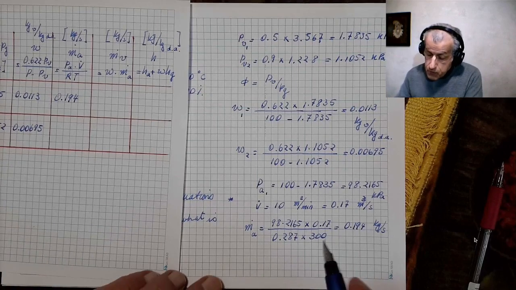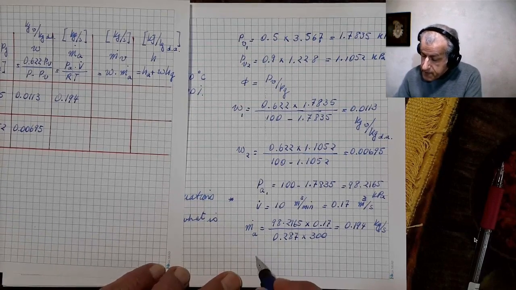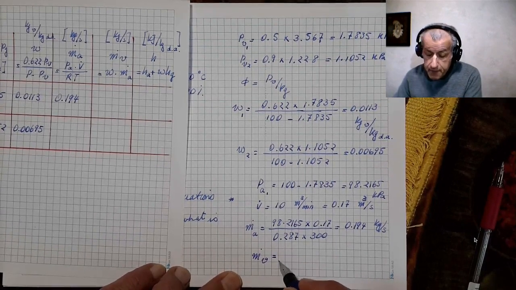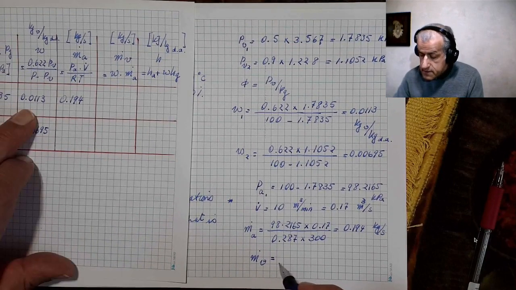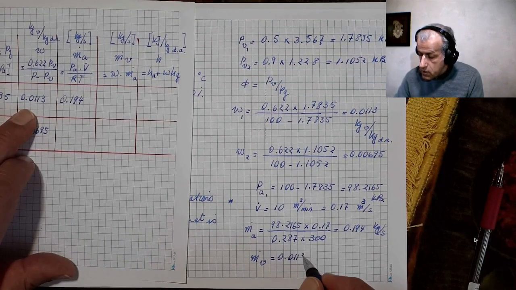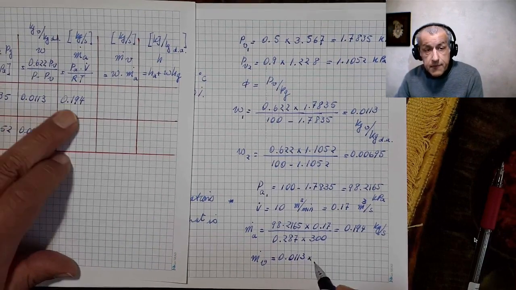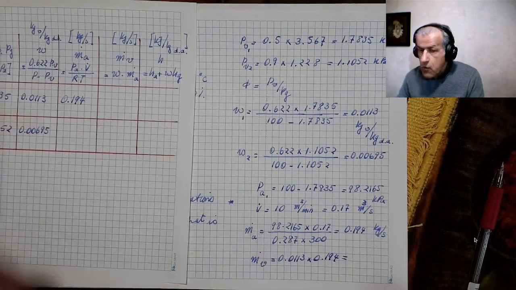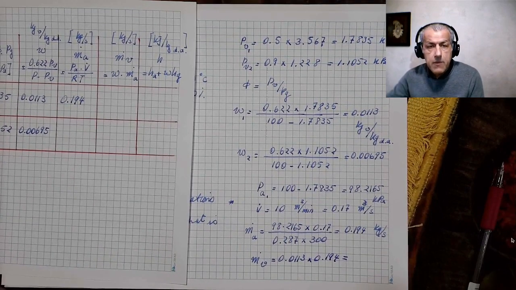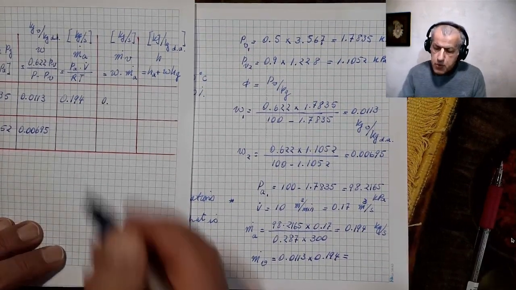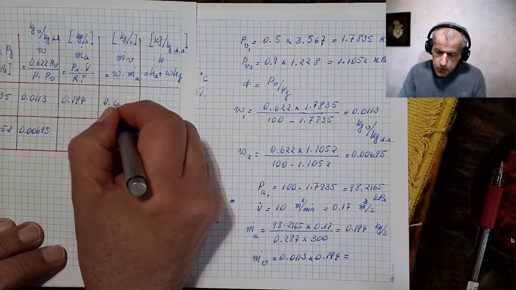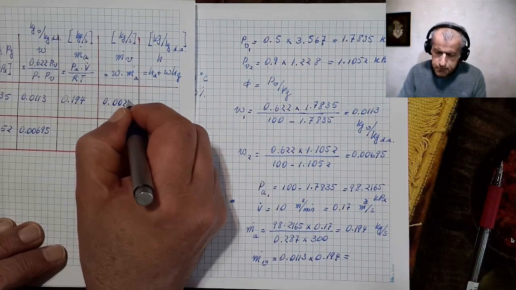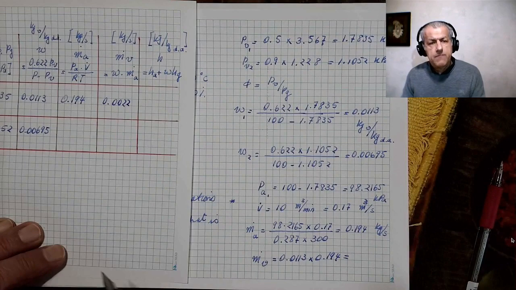The vapor mass flow rate, M dot V, equals W, which we have just calculated, 0.0113, times the mass flow rate for air, 0.194, and the outcome is 0.00212, say 2, with very good approximation.